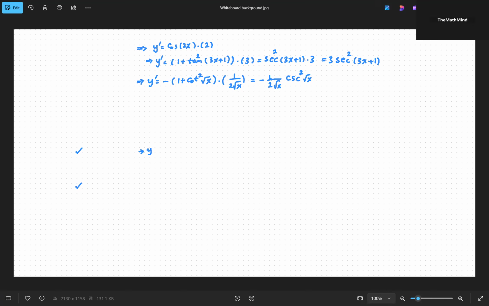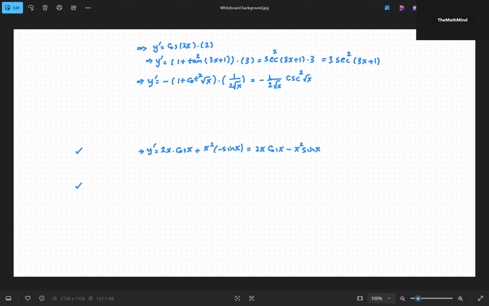Y prime will be the derivative of the first function multiplied by the second function, 2x times cosine x, plus x squared times the derivative of cosine, which is negative sine. So u is x here, you don't need to find u prime, which is 1. And then this will be 2x cosine x minus x squared sine x.